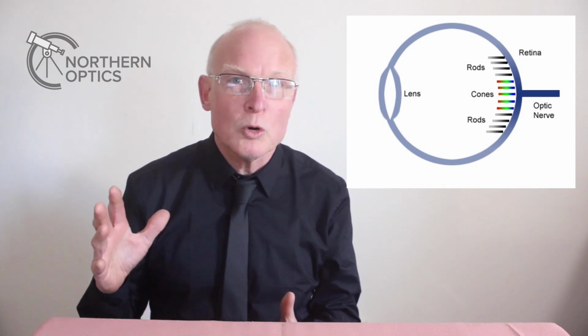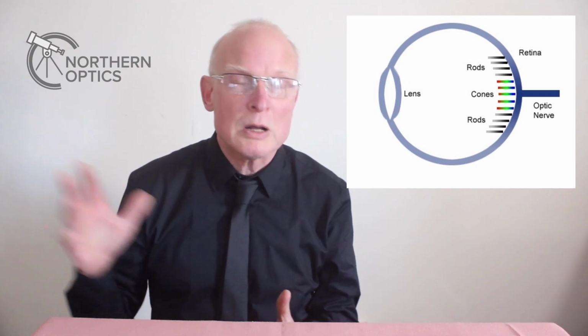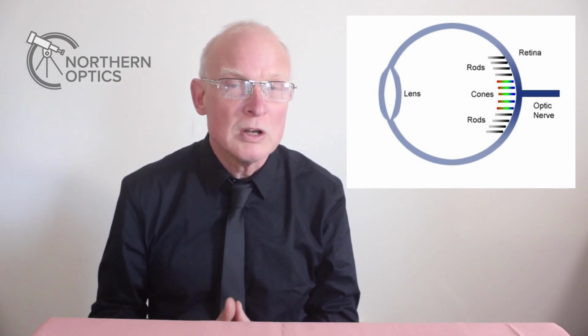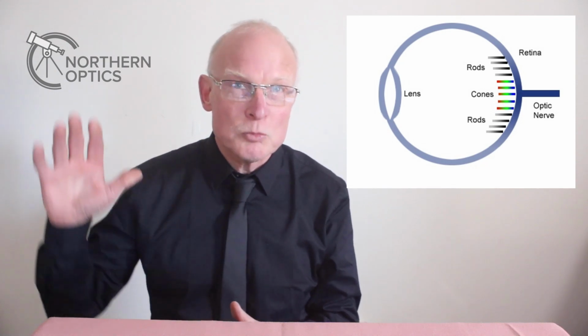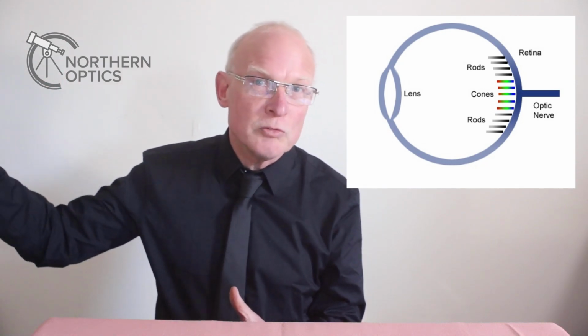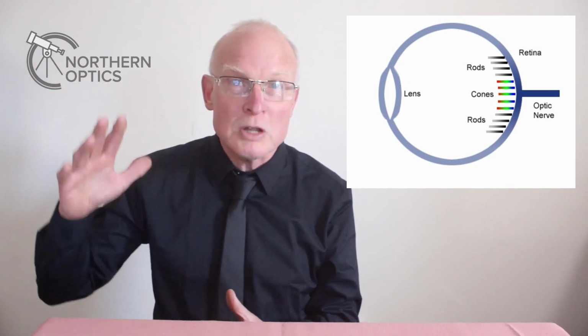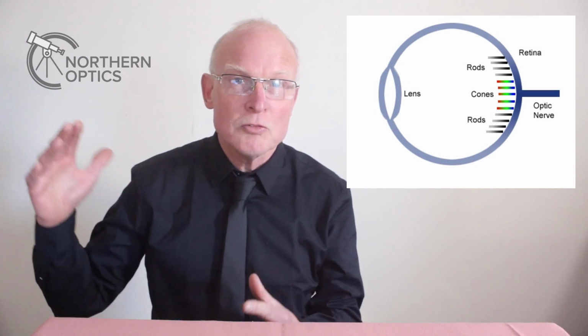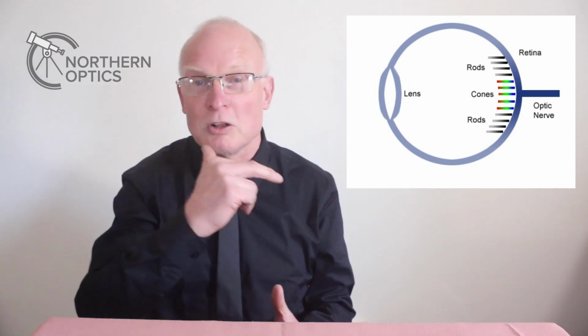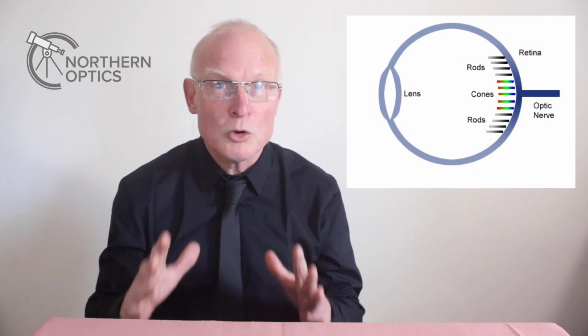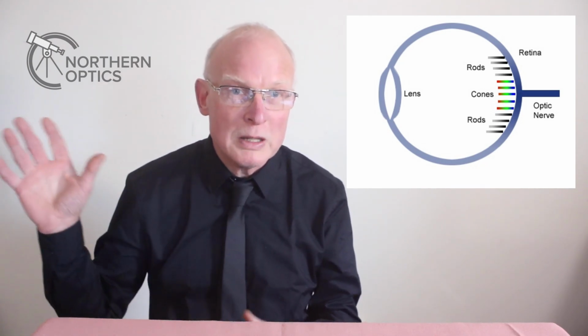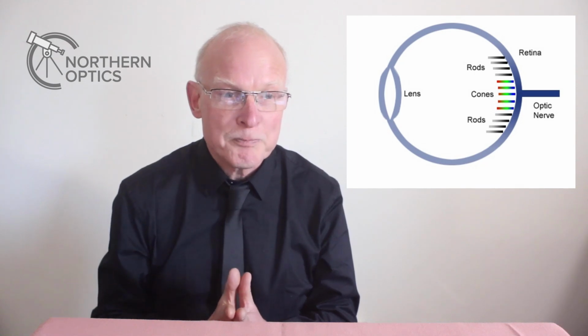These pick out less colour, more black and white, but are more sensitive to light. And so that is why when you see something out the corner of your eye and you can see it brighter than in the centre, that is averted vision, because it is hitting the rod cells, which are more sensitive to low light, and so you can pick out more detail.